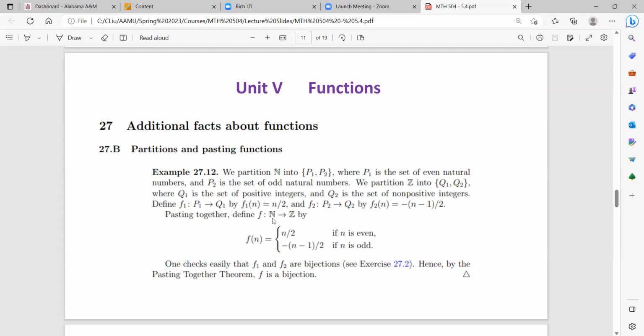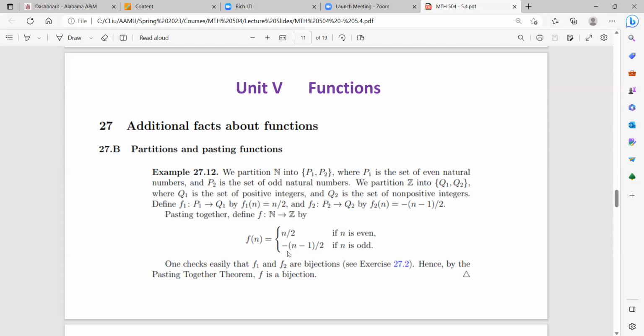Similarly, f1 is one-to-one and onto, so it is a bijection. Similar for f2. It is one-to-one because if you change the odd number, n minus 1 will be different, and you divide by 2, you get also different. I put a negative sign, that's also different. So it is one-to-one.